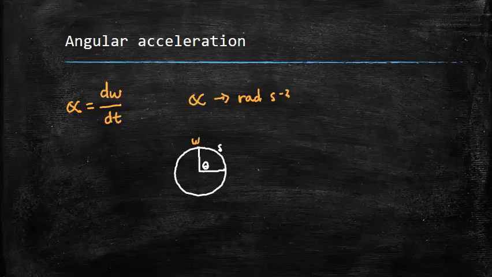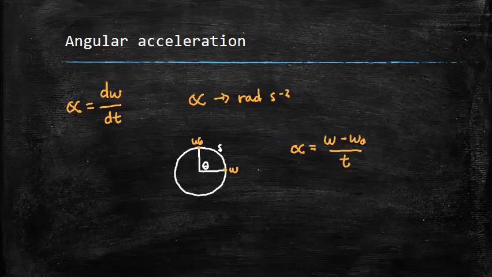If we imagine that at this point here we have some kind of angular velocity, omega naught, like an initial angular velocity, and this is our final angular velocity, omega, then just as we would do a equals v minus u over t for acceleration in a straight line, here we can use alpha equals omega minus omega naught divided by t.